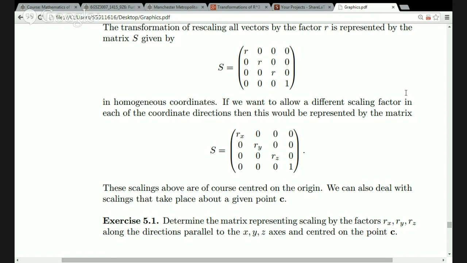Well, to express this transformation, we think about it broken down into 3 steps. Firstly, we want to translate R3 so that the vector C goes to the origin.